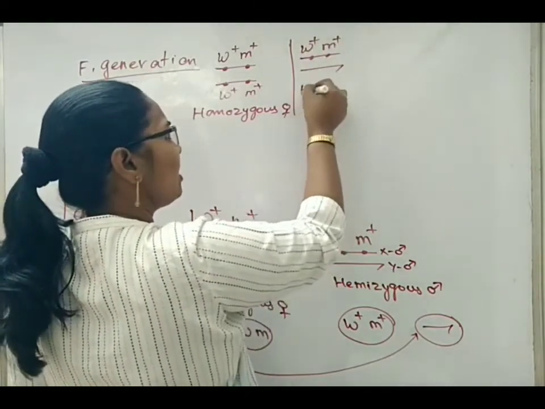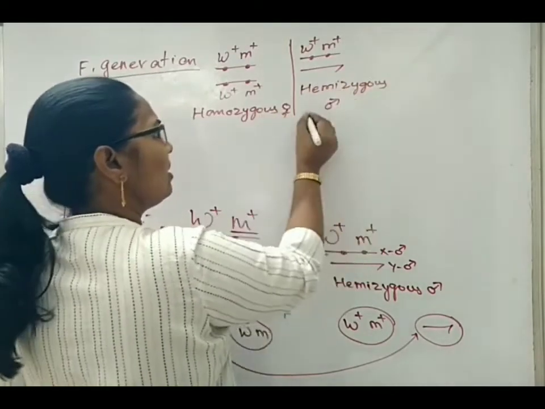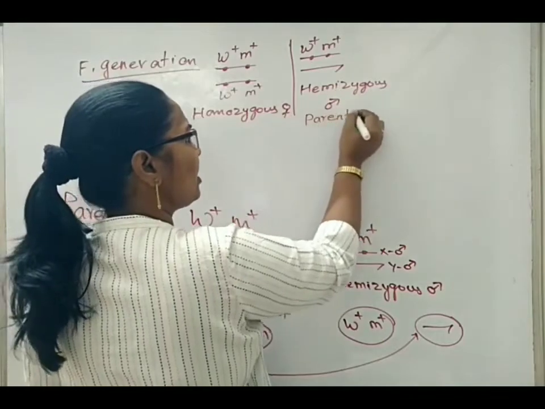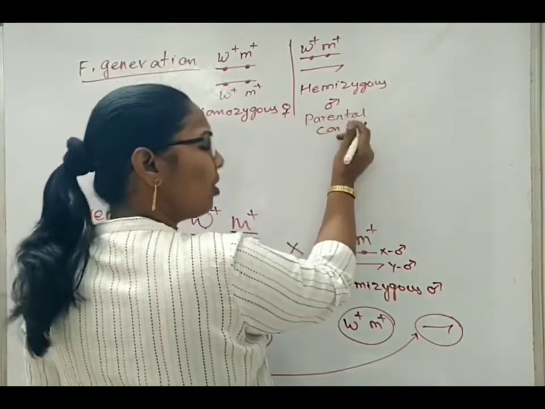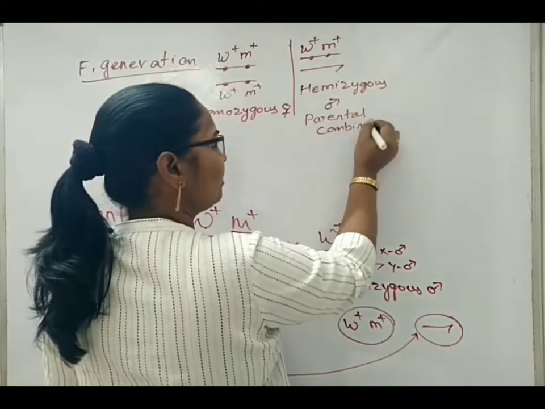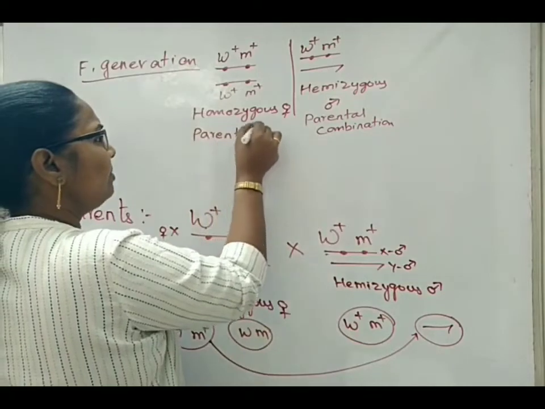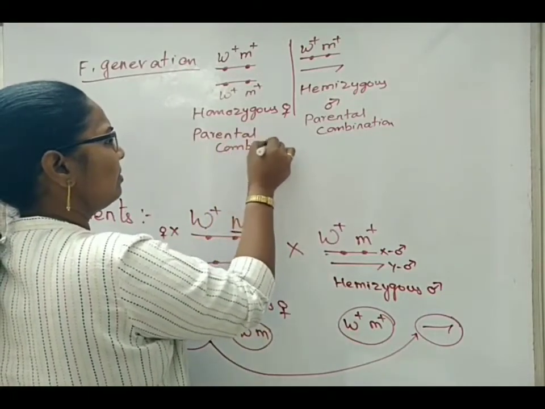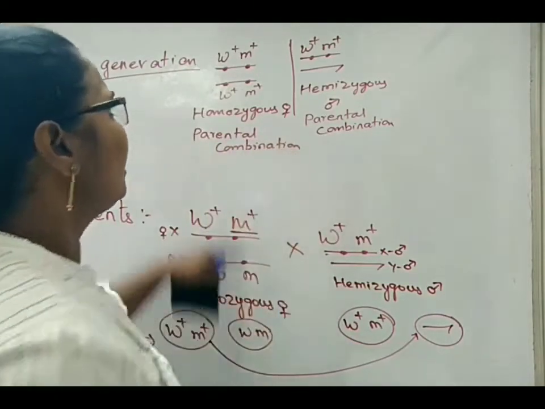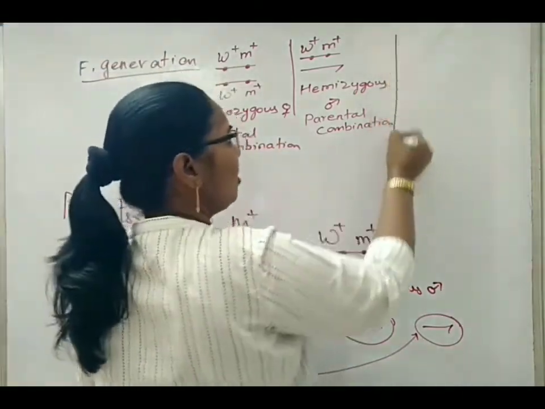This is considered as hemizygous male. This is showing parental combinations, or we can call it as this type of organism is showing parental combination. This is also parental combination, because we are seeing red color eyed and large sized wings type of phenotypes in the offsprings.